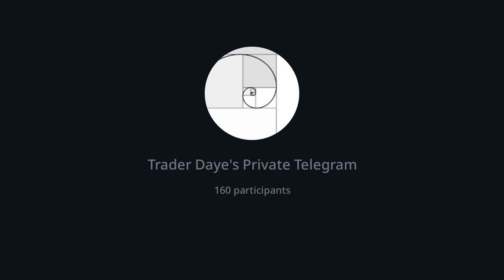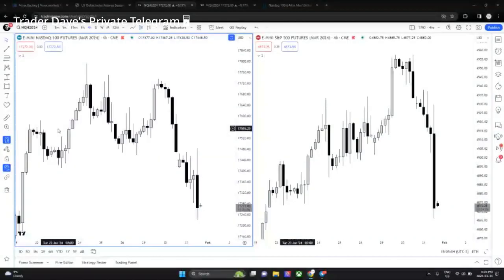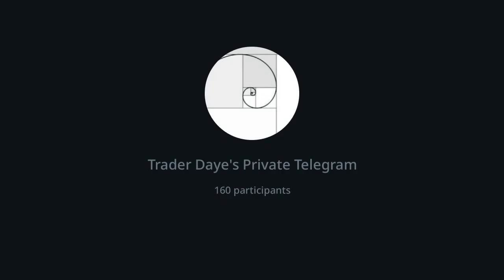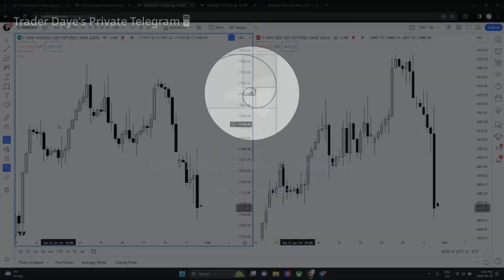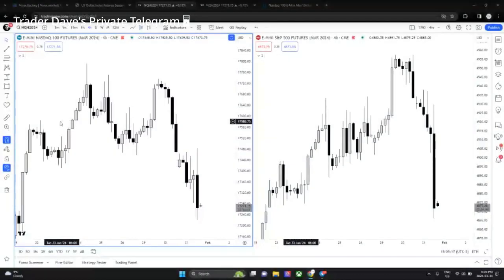It was a Friday, the 27th of October, 2023, where price formed a major low across many asset classes at the same time, around a time when the US dollar formed a significant high.